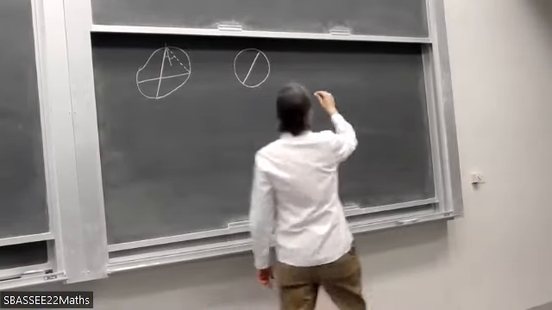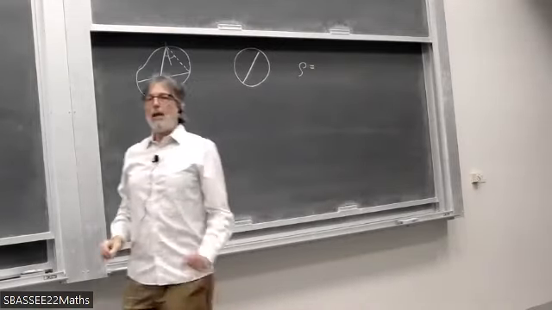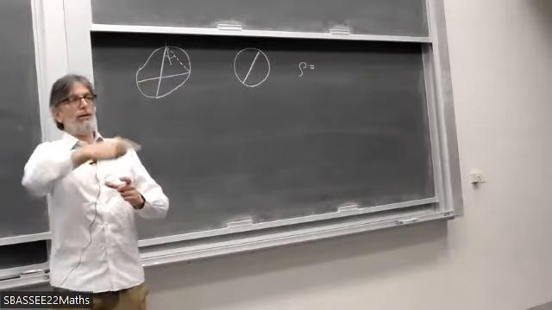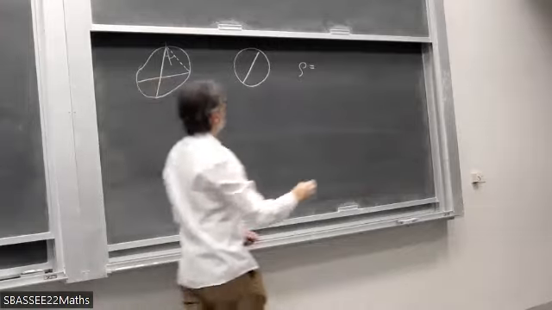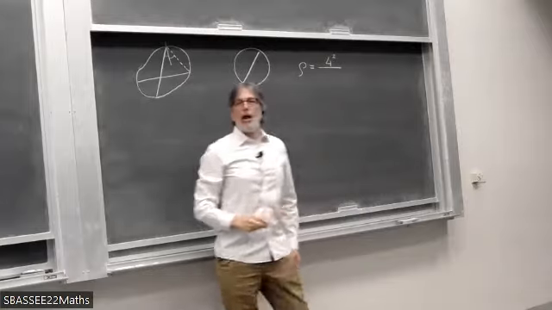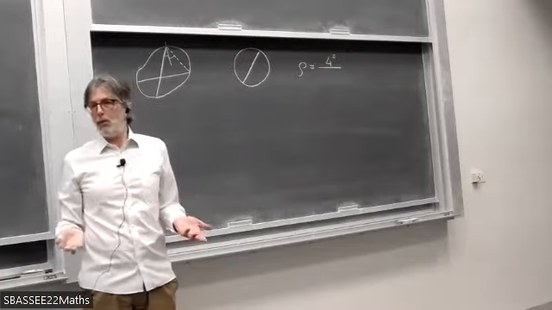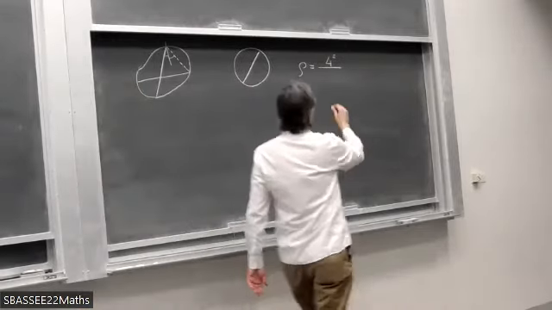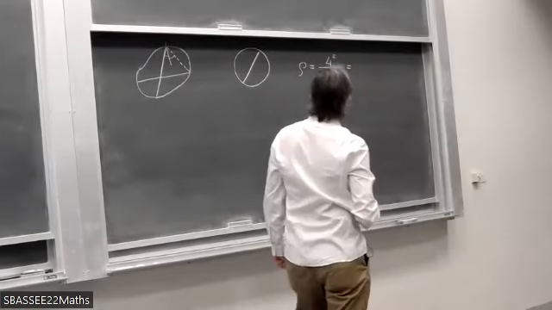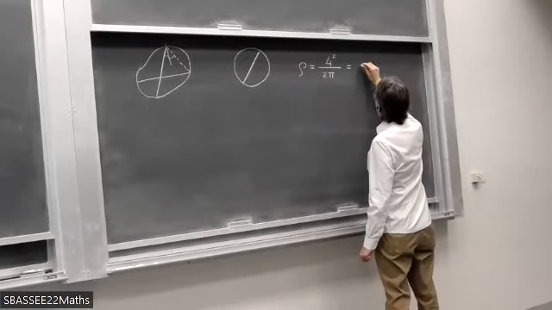So what would be the systolic ratio in this case? Okay, so my closed geodesic now has length, the diameter has length 2, but I have to go twice. So it has length 4. And this I have to square. And then I have to divide by the area. And the area is twice the area of the disk, so two times pi. So we get 16 over 2 pi, which is 8 over pi.